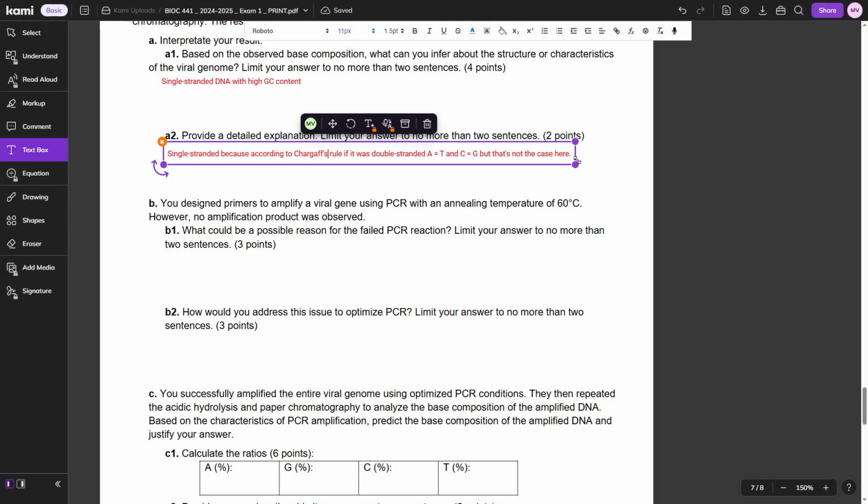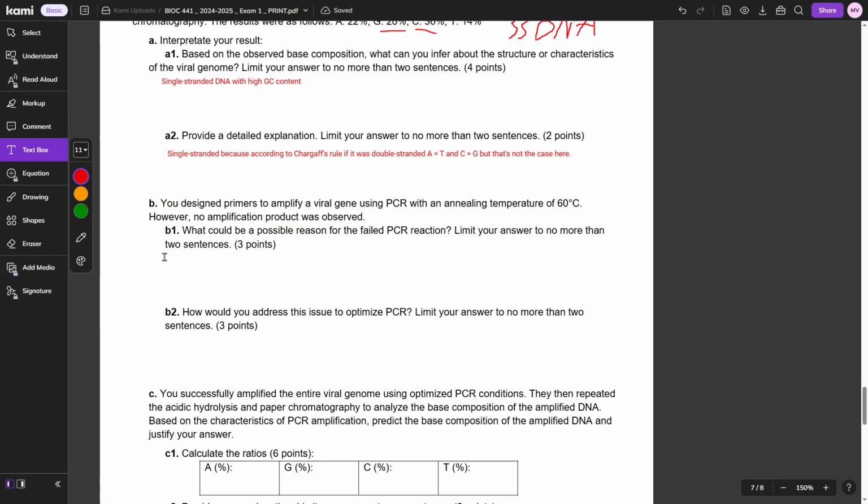Annealing requires a very specific level of heat or temperature. And if it's too high or too low, that annealing is a problem. It's going to anneal non-specifically. It's not going to be specific to where it's annealing, so it's not going to produce the right product. So I would say it's either going to be too high or too low.